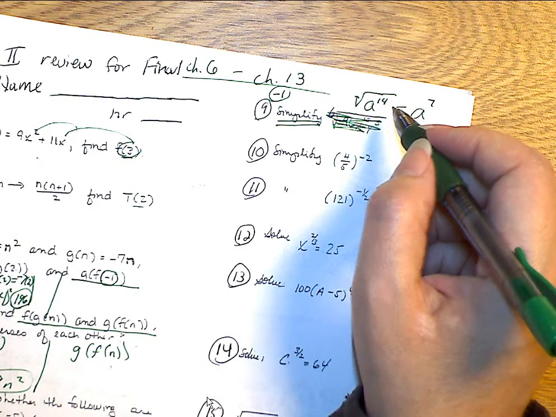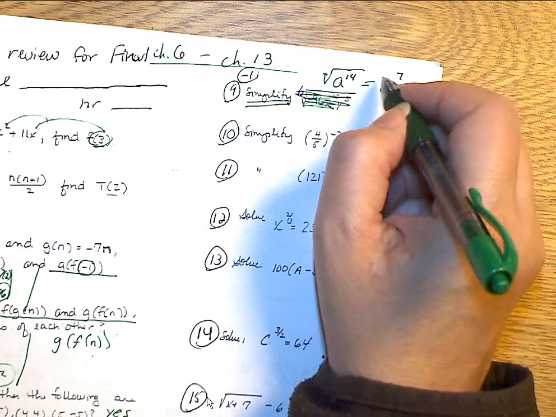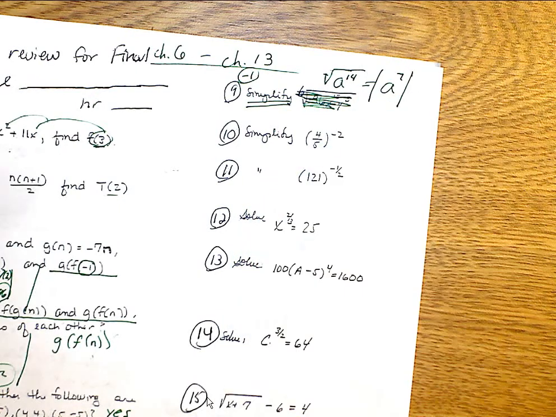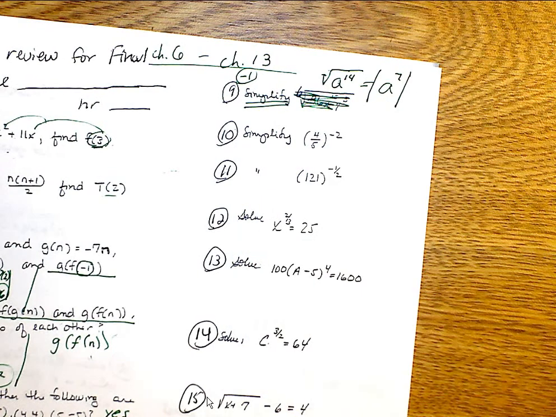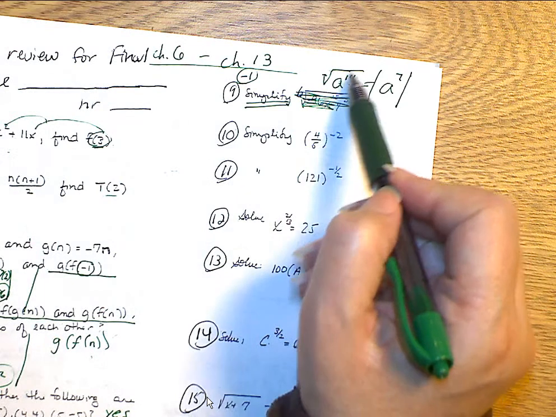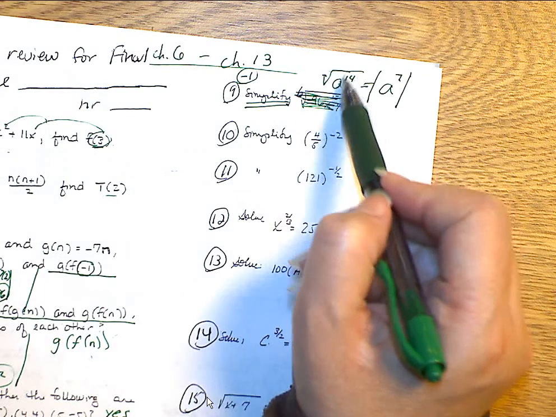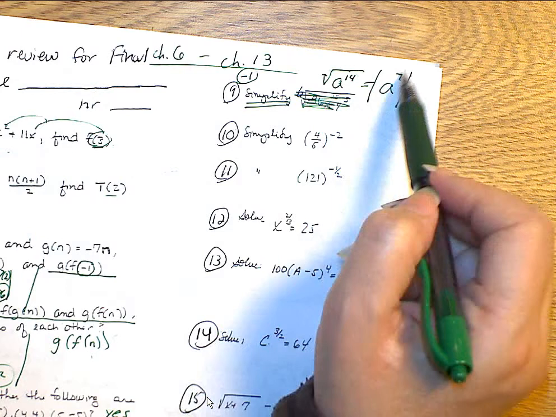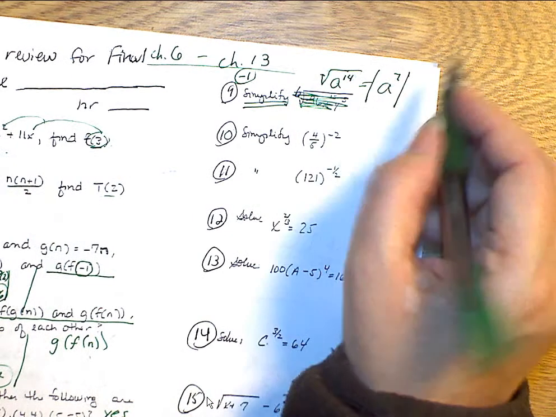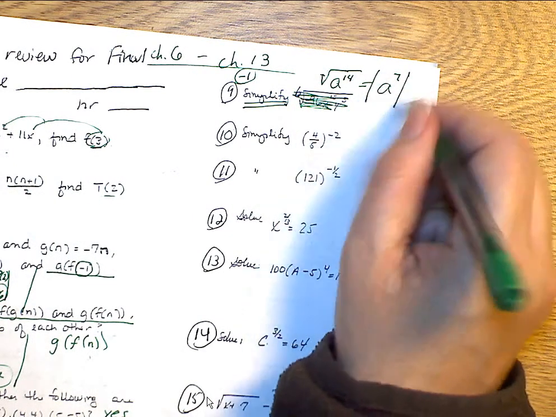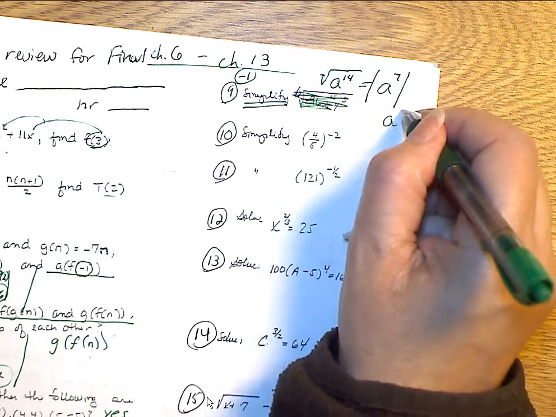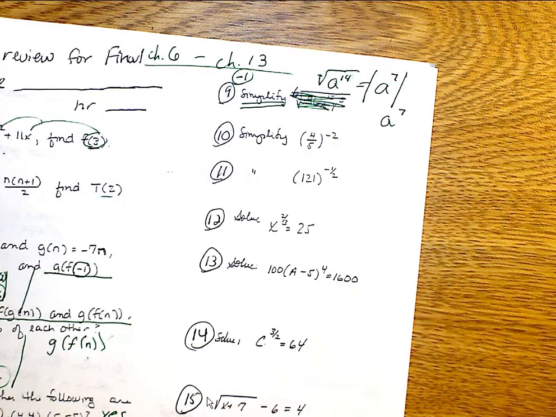So I will tell you on your exam, you need to make sure that if it's an even number under here, you're going to use the absolute value sign. On your exam, they're going to have you choose is it this or could it be this, meaning that it could be positive or negative. They want to know if you know.